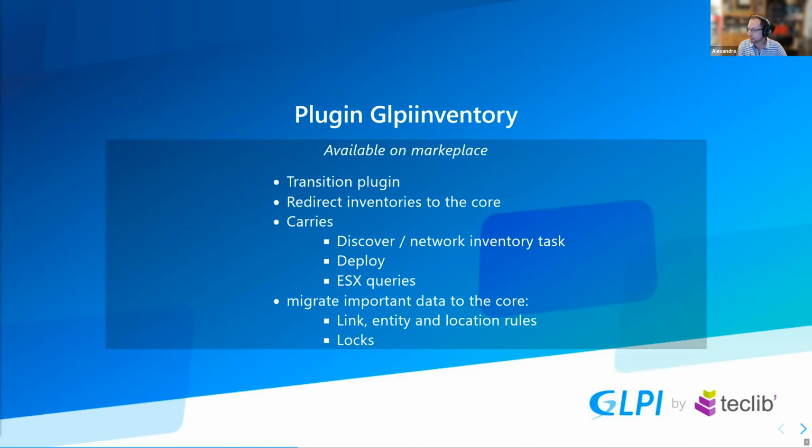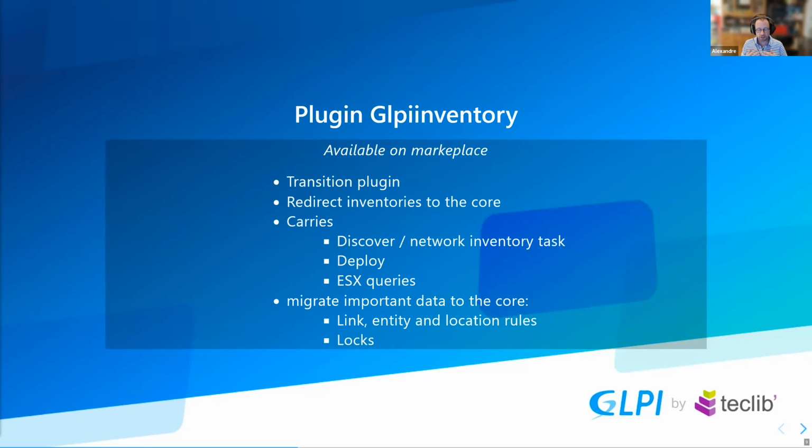So for the transition between the old plugin, old system, and the new one, we have a transitional plugin for doing this. It's available in the marketplace. It's called GLPI Inventory, and it does a lot of things.